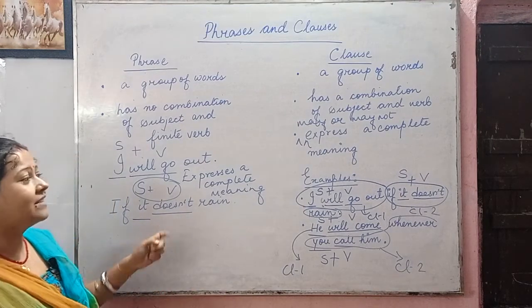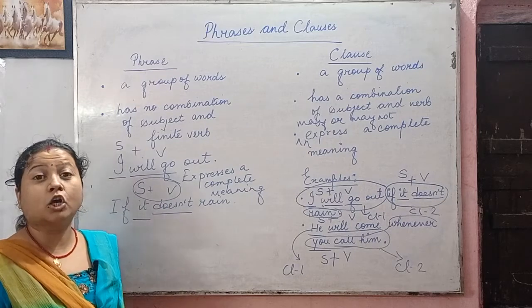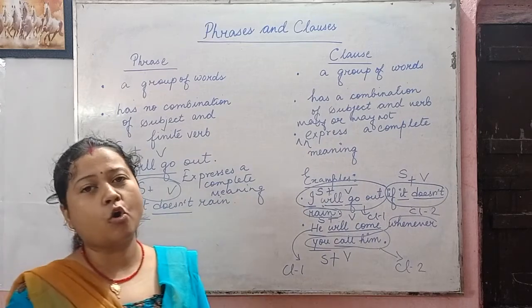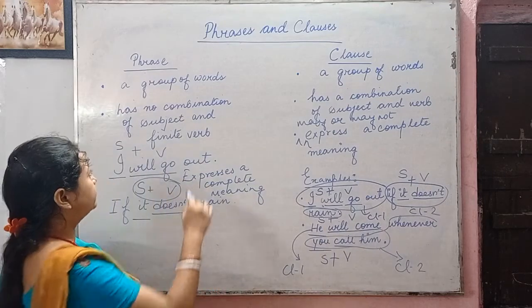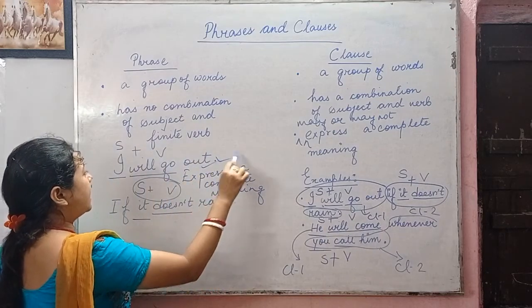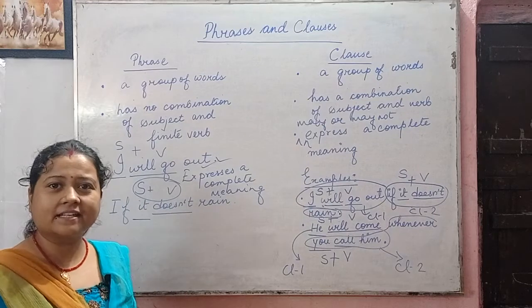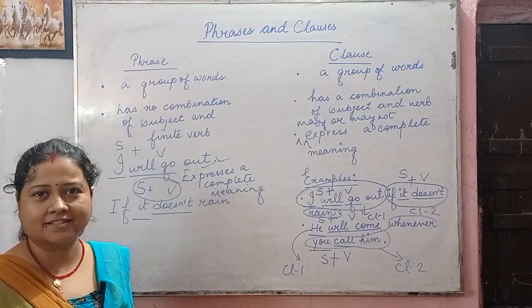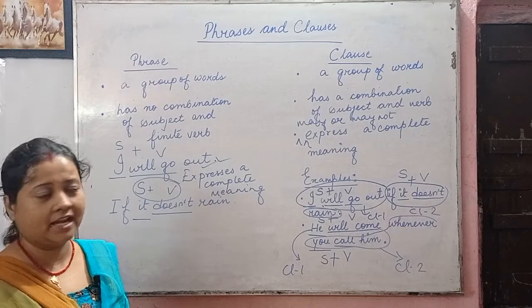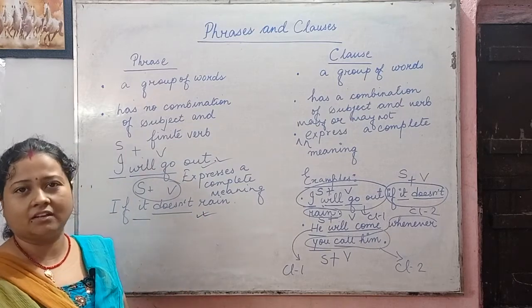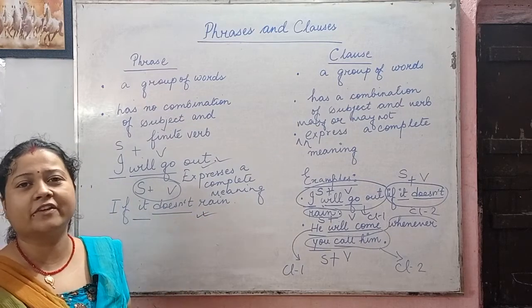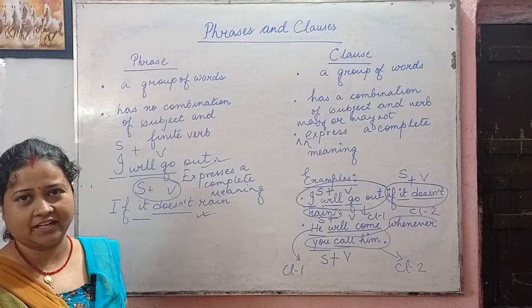So children, that is why I said that a clause may or may not give a complete meaning. See children, in this clause, I will go out, it is giving a complete meaning. But in this clause, if it doesn't rain, it is not giving a complete meaning.